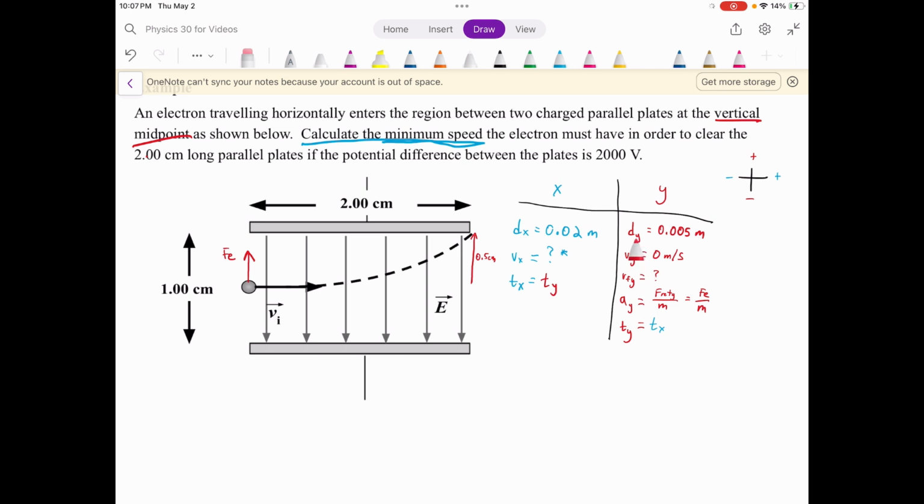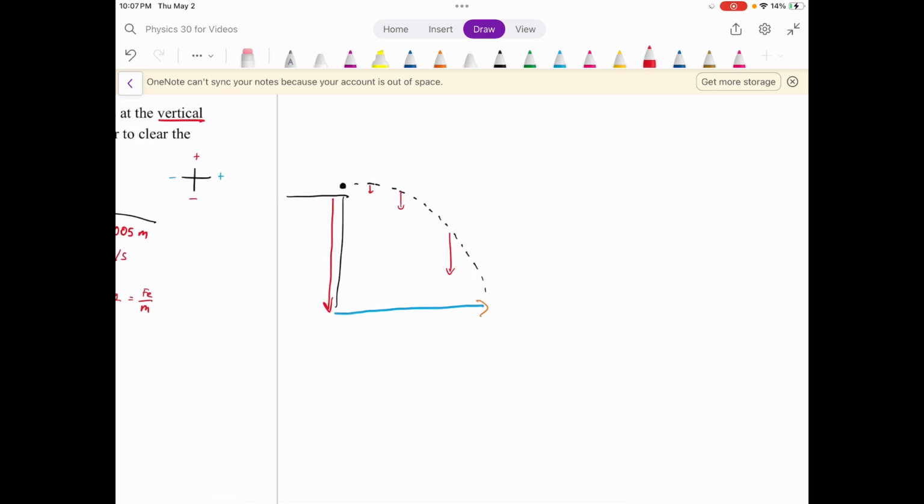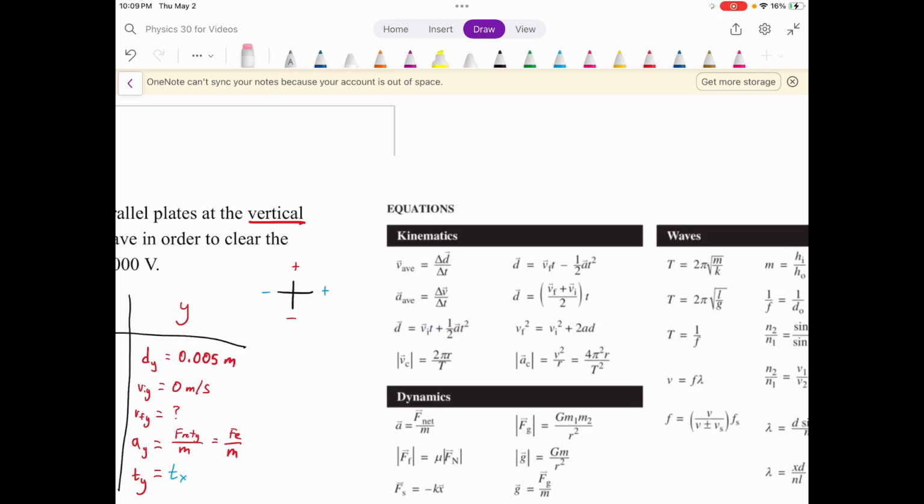All right, so what do we know? We have the displacement. We have the initial velocity. If we just had one more variable, we would be able to find the time because remember, there are 5 kinematics equations on your formula sheet. And each of those 5 equations is set up to work when you don't know and you don't care about finding one of those 5 kinematics variables.